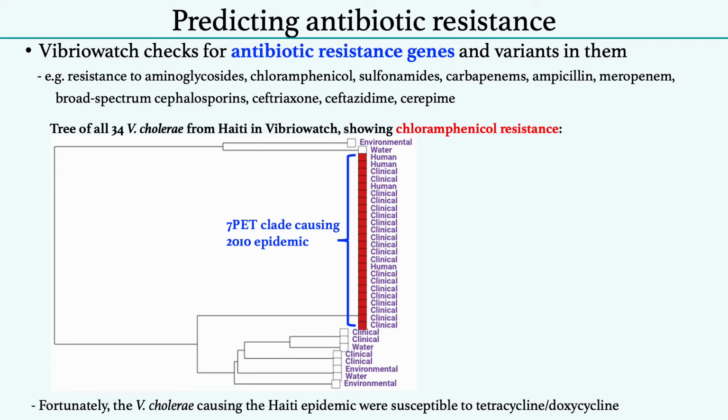And this is actually in agreement with the phenotypic data on antibiotic resistance for the Haiti isolates. Of course, although these 7 pandemic isolates that caused the Haiti epidemic were resistant to chloramphenicol, fortunately they were susceptible to tetracycline and doxycycline.